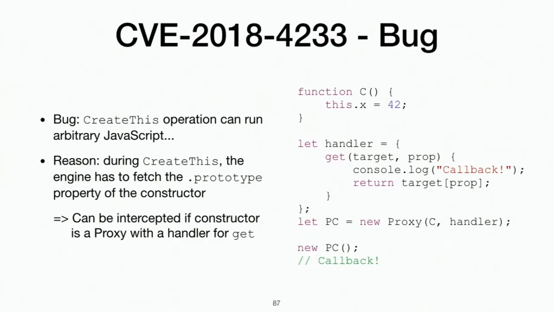So here's my pseudocode. You have this function C, which is the constructor. Then I put a proxy around it that intercepts property loads, and then I'm calling it as a constructor. Now it's creating this object that it's constructing, and at that point it's running arbitrary JavaScript because I'm intercepting property loads. So that's really the unexpected callback here in our example.